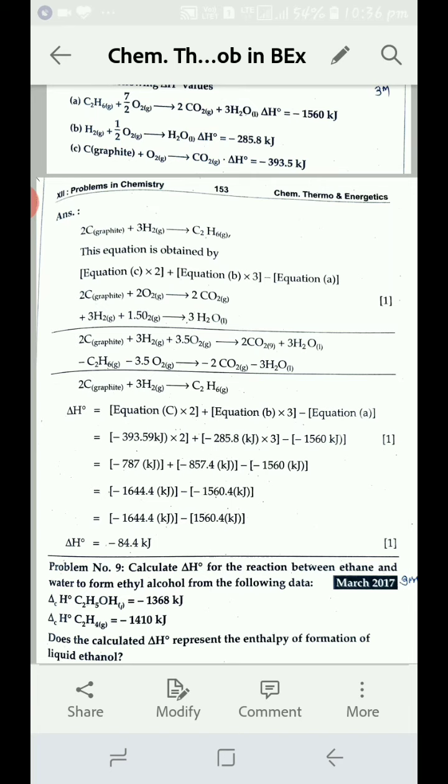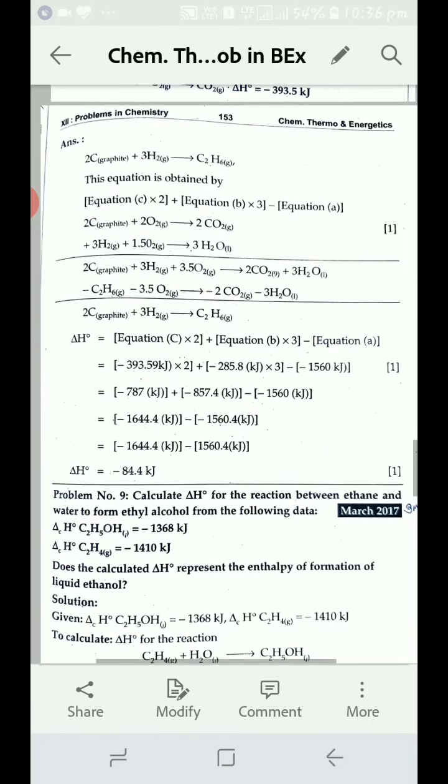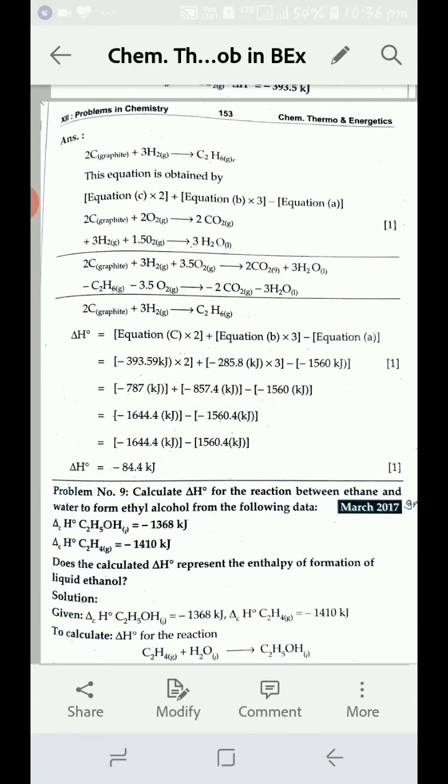So first write down the combustion of ethyl alcohol and the combustion of ethene. Okay, so what is the combustion of ethyl alcohol? Before that, what is your formation of ethyl alcohol? C2H4 plus H2 gives C2H5OH.